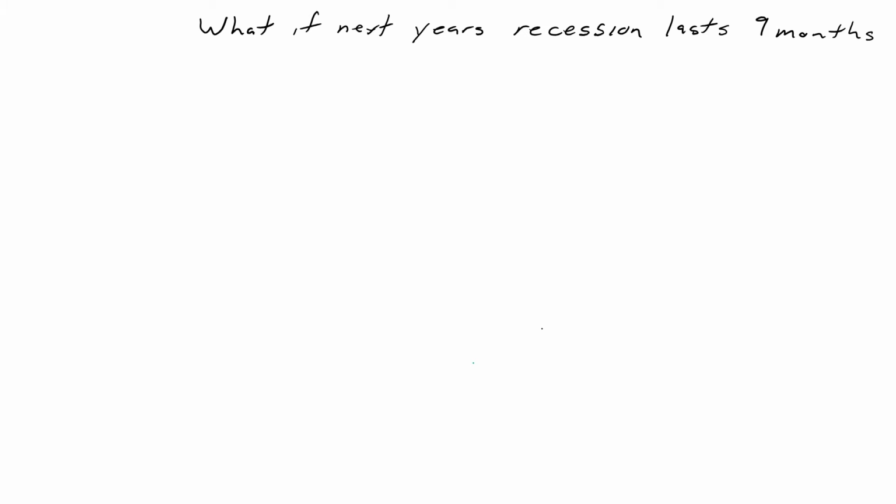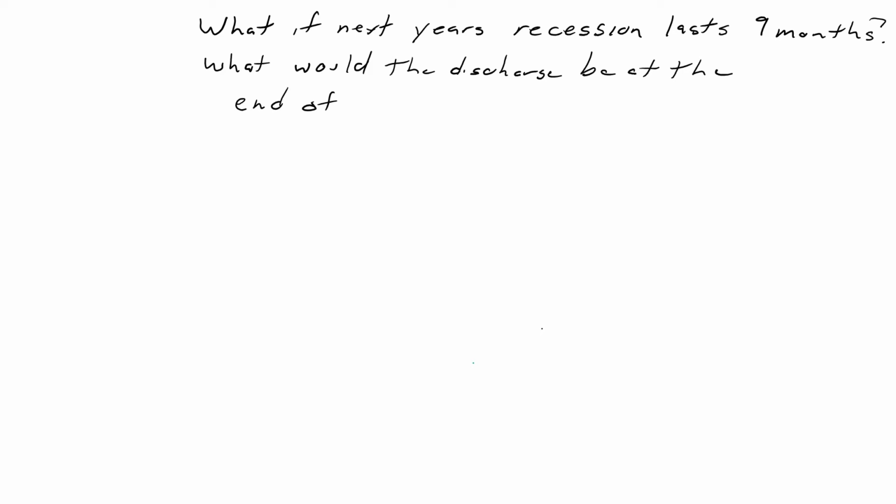Different weather, whatever. So you have a slightly longer recession. What I want to know is what would the discharge be at the end of that 9 months? And you can just assume 30 days per month to make the math a little easier.